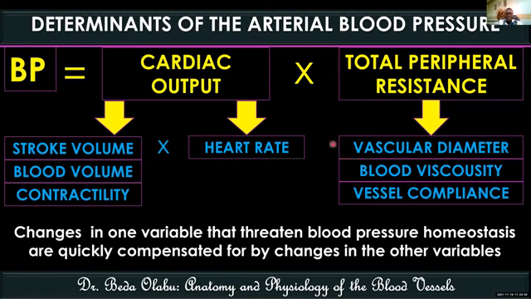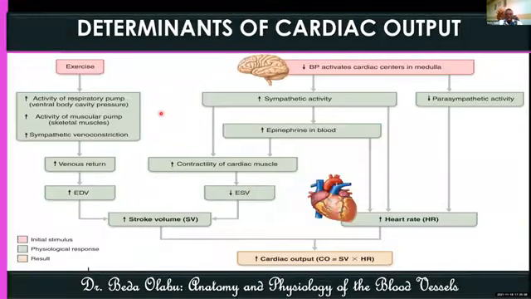So that's what I mean, that when you have a change in one variable, usually homeostatic mechanisms of blood pressure come into play to try to compensate for the change. I may not go again into this slide in detail because I've already tried to summarize for you all those factors that determine blood pressure. At your own time, you can also have a look at this.